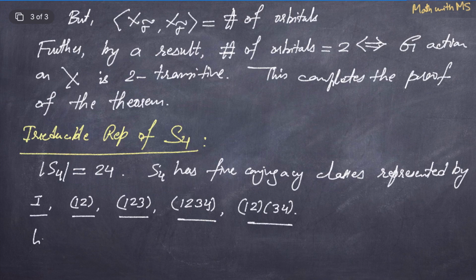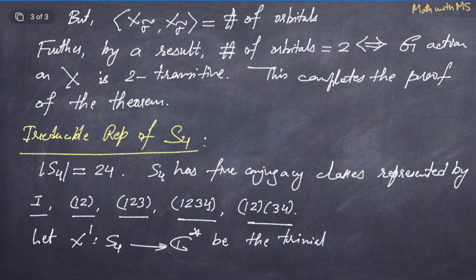So let chi1 from S4 to C star be the trivial representation that every group admits.